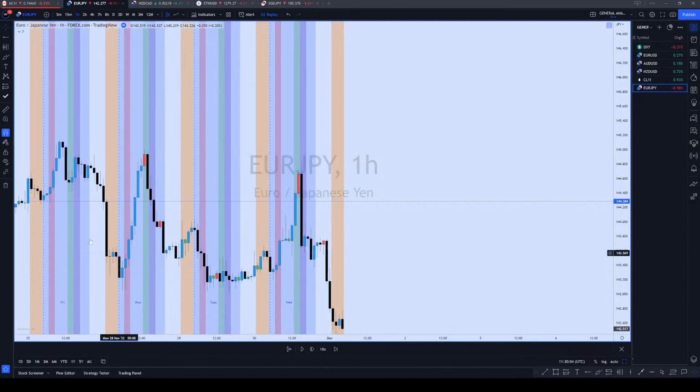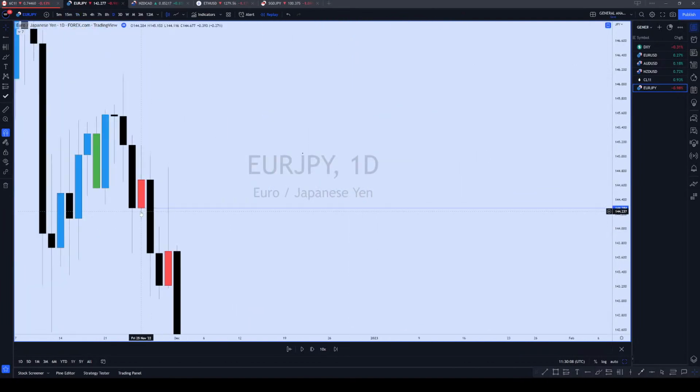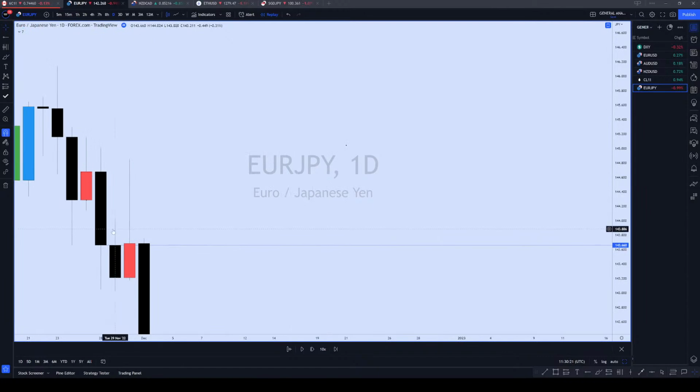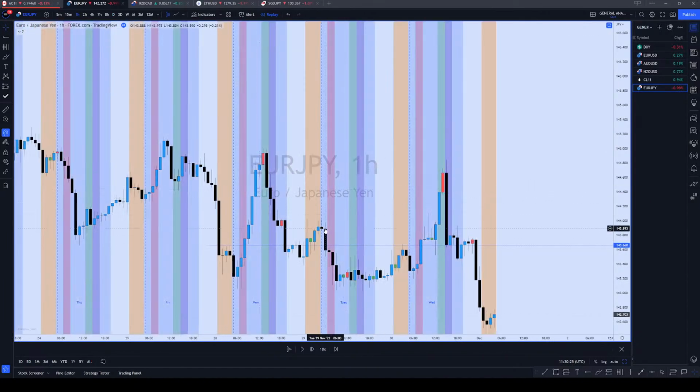If you want to use it on a daily basis, you do the same thing over here. I am doing it so I can see it from the daily time frame, but what you can do is just put on the 1 hour time frame and then you see the aggressive close below it, or an important candle going below it, which would be here.